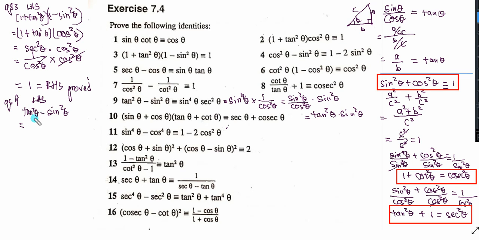Now, how will you convert this? What you do is you split the tangent into sine and cosine, so sine square theta over cosine square theta minus sine square theta.